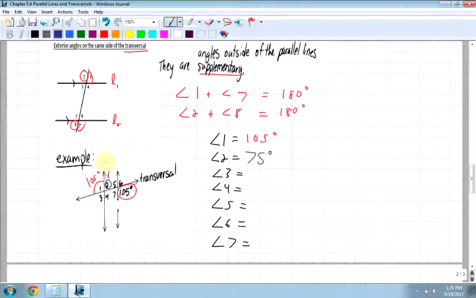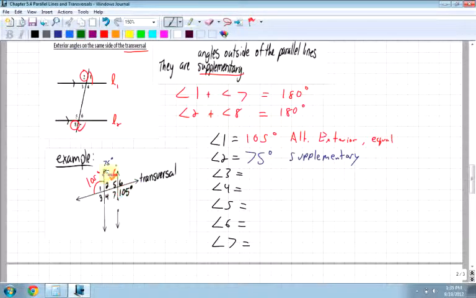So angle 2 is 75 degrees because it's supplementary to the one above. Okay, and the one above was alternate exterior. And remember, they are equal. So supplementary angles, let's keep going here.